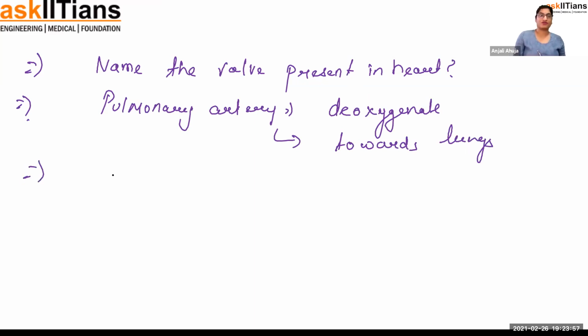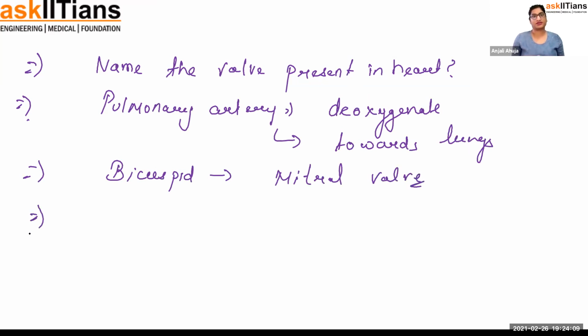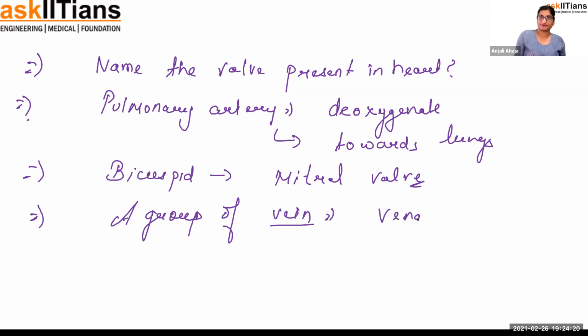What is another name of the bicuspid valve? The bicuspid valve is also known as the mitral valve. Now let me think about more questions. A group of veins, a lot of veins together moving into the heart, is known as the vena cava. Now the next one.